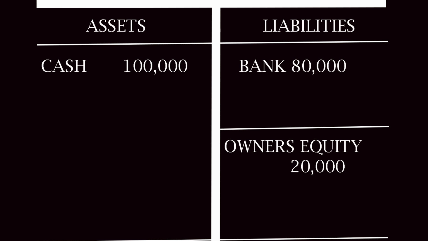On the opposite side, now that's a bank loan payable. That's not really your money, that's the bank's money. And so we have the bank as a liability. We owe them $80,000. And the equity that you have put in, the $20,000.